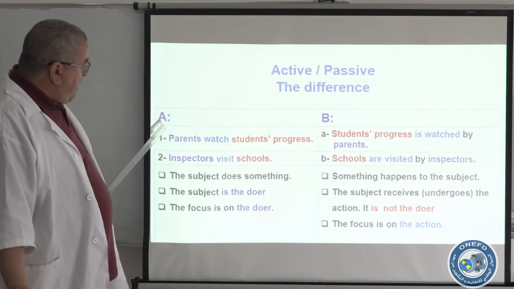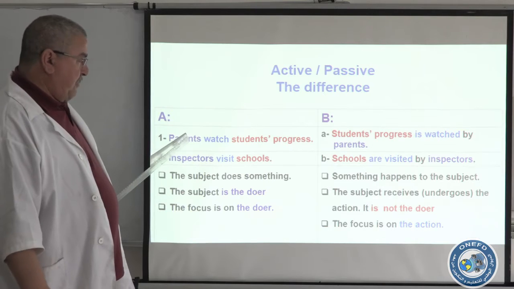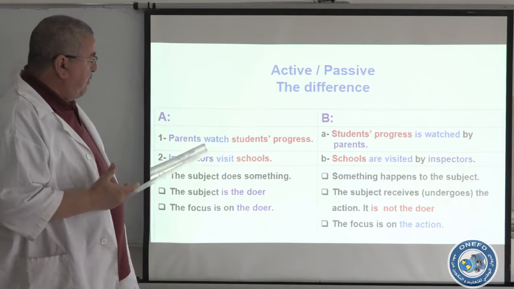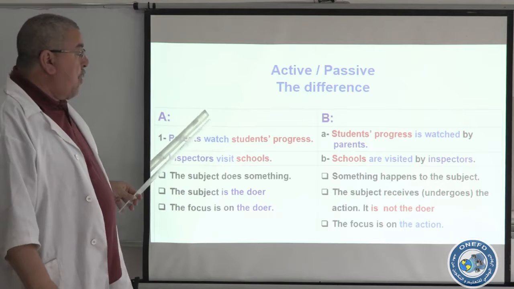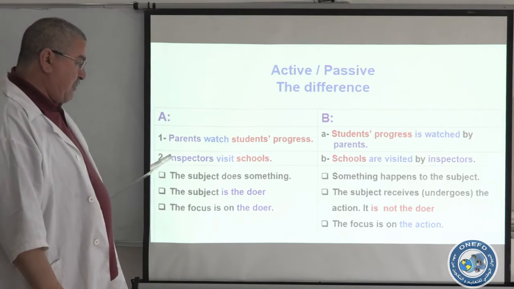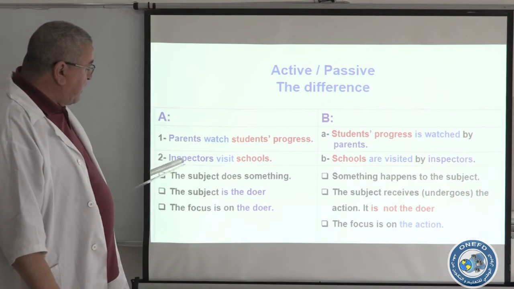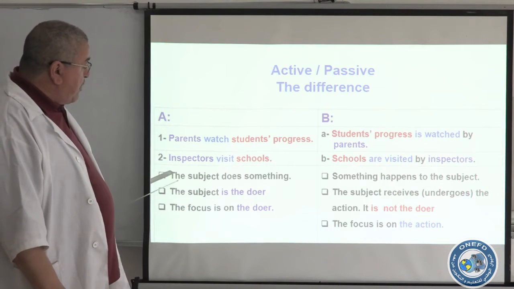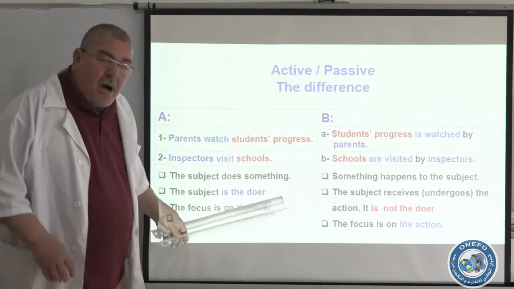Now, as you see, parents is the subject here. The subject does something. What does the subject do? The subject watches students' progress. Parents watch students' progress. And the same for the second sentence. Inspectors visit schools. So we have a subject who does something, and we have the subject which is the doer of the action.